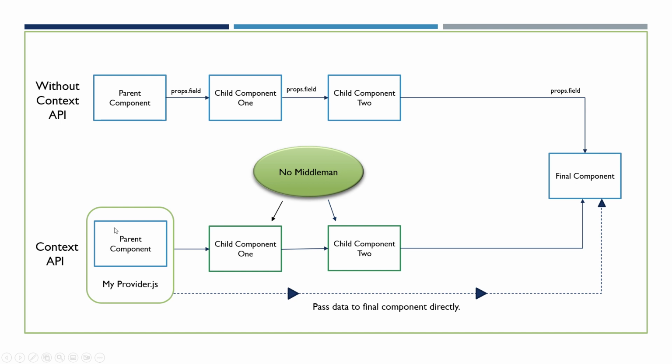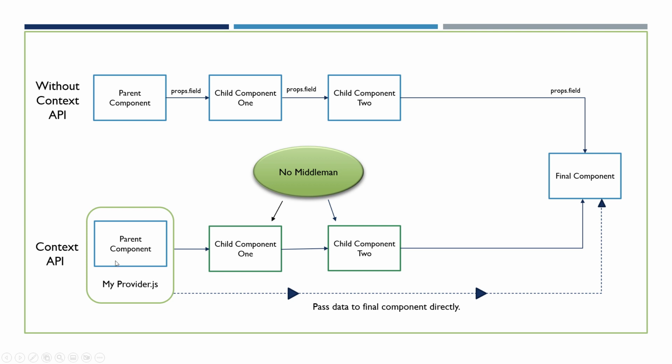But with context API, this problem gets resolved. We do not need to pass data to every component in the hierarchy. From the parent component, you can directly pass data to the final component without the help of these middle components, right? React introduces this concept to sort out these problems.